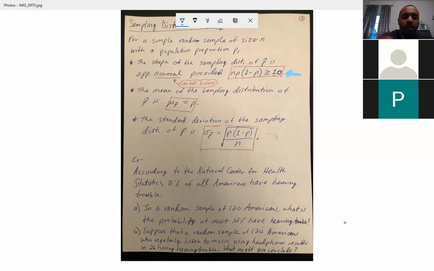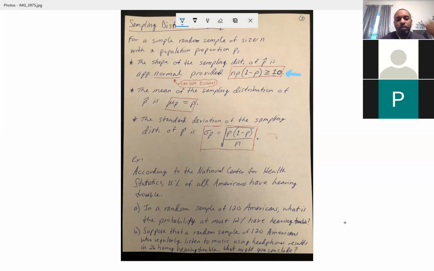All right, so let's look at this next example. It says, according to the National Center for Health Statistics, 15% of all Americans have hearing trouble. So going back to your question, sir, in this one, 15% of all Americans, that would be our P, our population proportion. In a random sample of 120 Americans, what is the probability that 12% have hearing trouble?